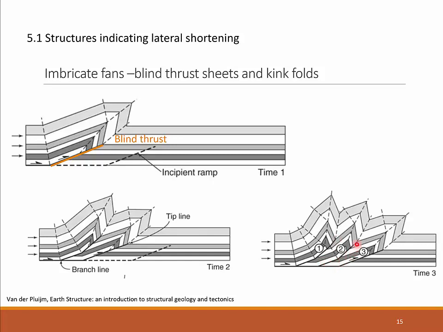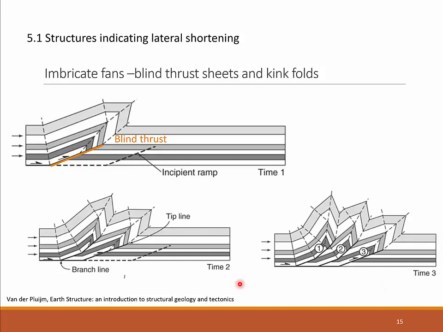The second blind thrust also has seen some steepening. The third one is still in its original orientation of about 30 degrees dip angle, but if you would continue the evolution, you might also steepen up the third blind thrust when a further ramp would form and a further set of folds would develop in this imbricate fan.